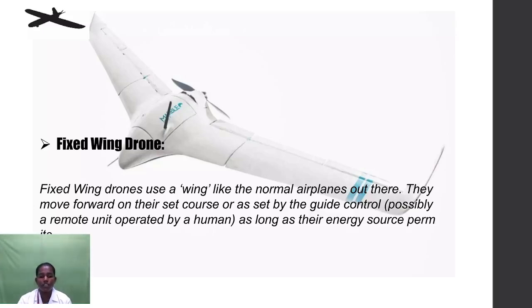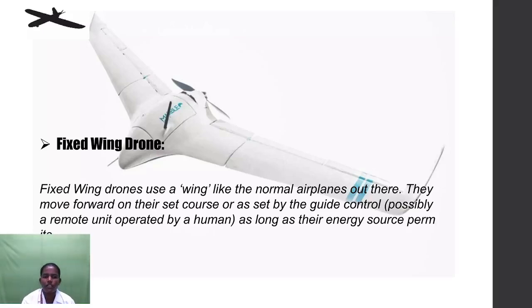They are used for long distances: surveying, mapping, and environmental monitoring. For example, when a flood is coming, how far the flood will spread and how many people suffered. We need to survey, so we use fixed wing, and also military reconnaissance.